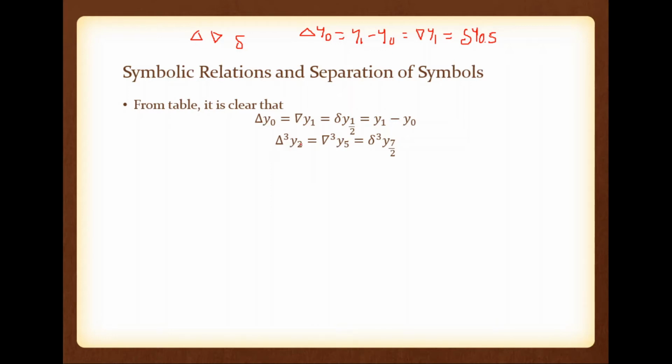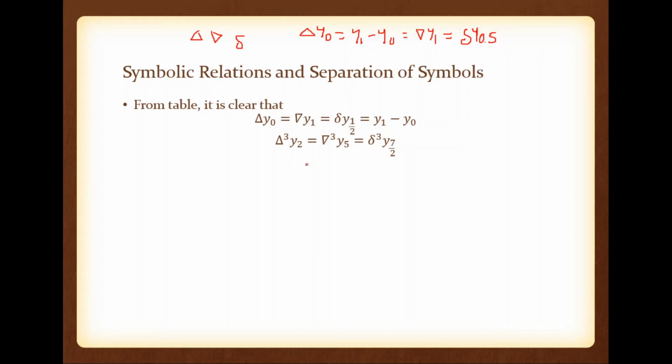So if you are finding backward, first change the symbol: replace delta with del. Don't replace 3. Now instead of 2, add 3 to this 2. So 3 plus 2, we have 5. So we have del cube y5. This is the corresponding backward difference. Simply add this power to this index. So 3 plus 2 is equal to 5.